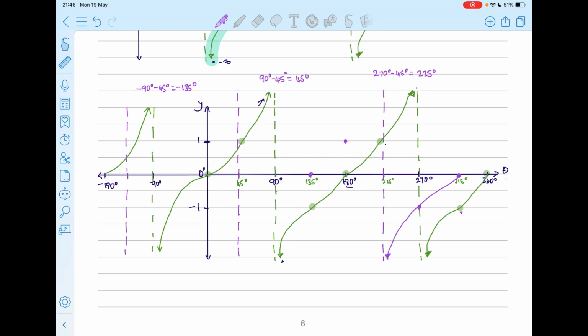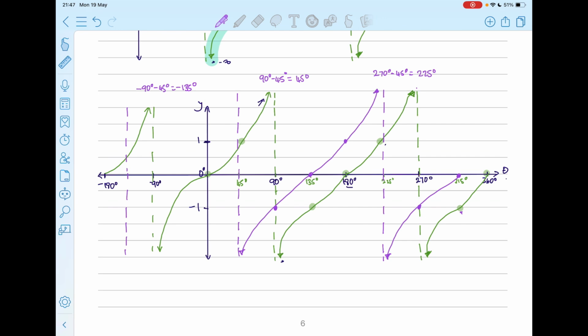And the point that was at 135 has moved to 90. So I think you guys have gotten the hang of the pattern. So let me join those. And then here it comes like that. And there we go. Okay, and then let's draw the last set.